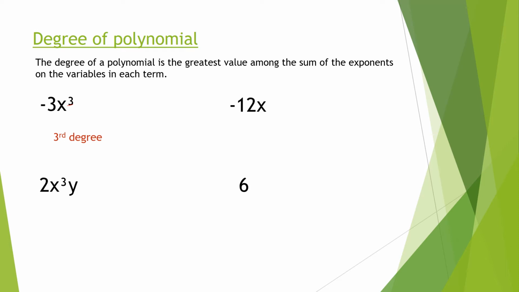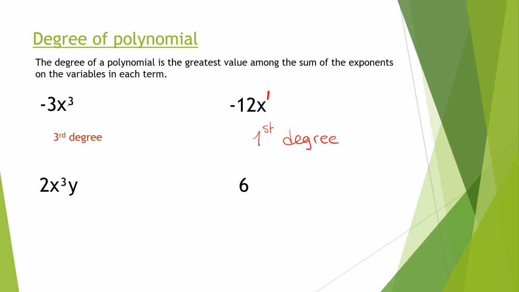I only take the power of the variable. Here, negative 12x. I don't have a power for this variable, right? So I should write 1. So it's negative 12x power 1. Okay? So the degree here will be the first degree, because I only see the power of the variable.